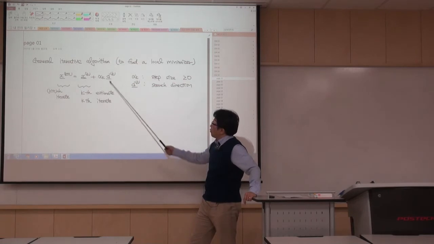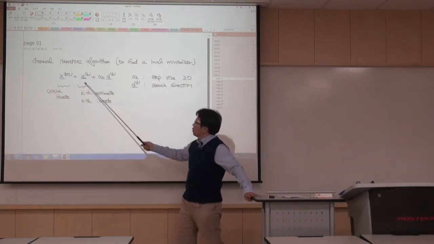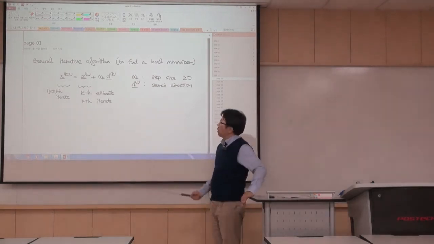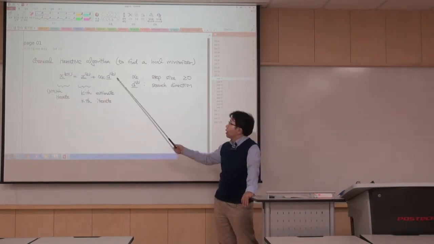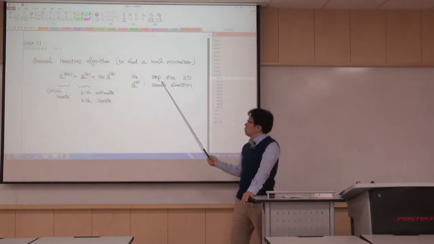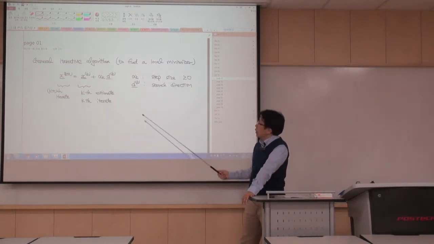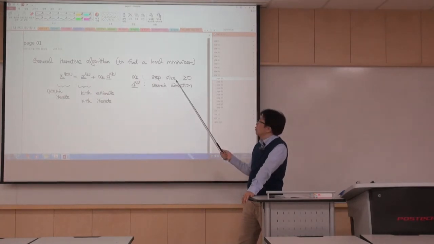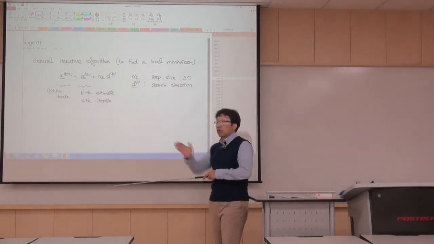Okay. So there exists a vector, and we may factor this vector into the kth step size alpha sub k and the kth search direction d sub k. For convenience, we restrict the step size alpha sub k to a non-negative number so that d really is the direction of search.